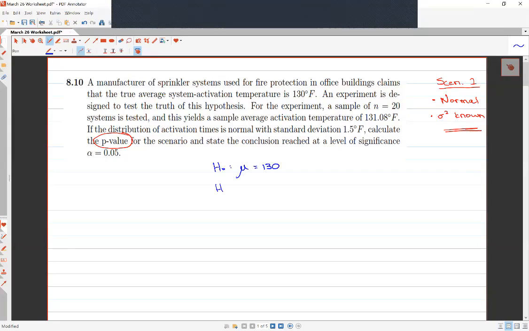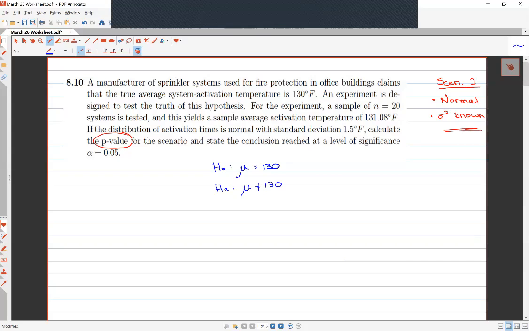Our alternative is not stated in any specific direction. It's not saying that they activate at a higher temperature or at a lower temperature, which would introduce direction. It just says we want to test the truth of this hypothesis, which means we have a very generic alternative contradicting the null completely, saying mu is not equal to 130.